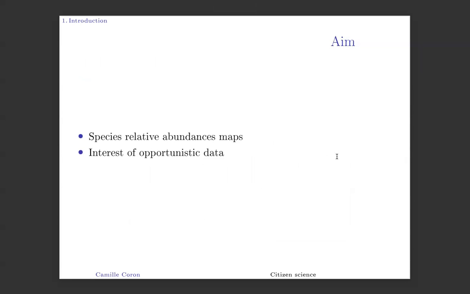Our aim here is to make some species relative abundance maps. So what does it mean? It means if you have a space like this, divided in several regions, then you want to be able to compare the number of individuals for a given species. You want to compare the number of individuals in this region and in this one.